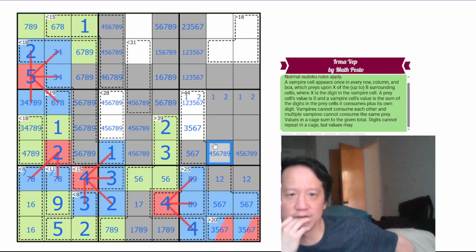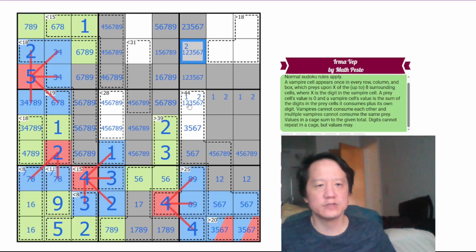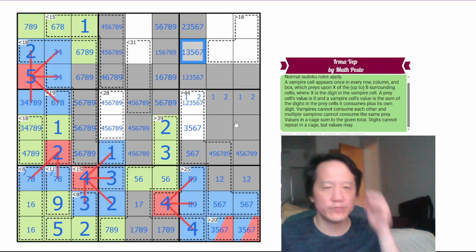Yeah, so that's fine. This can't be 2 because of the 2 in the row.